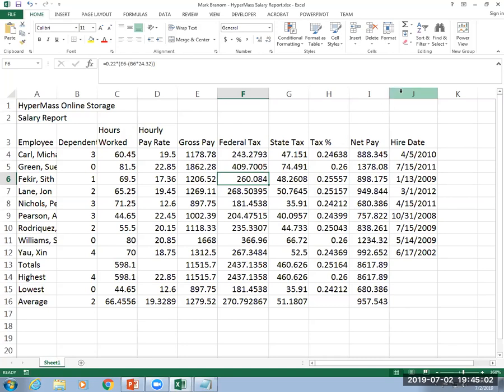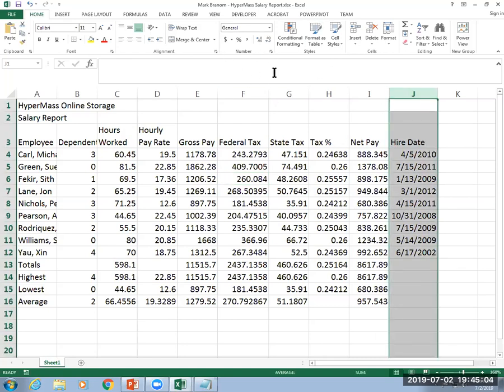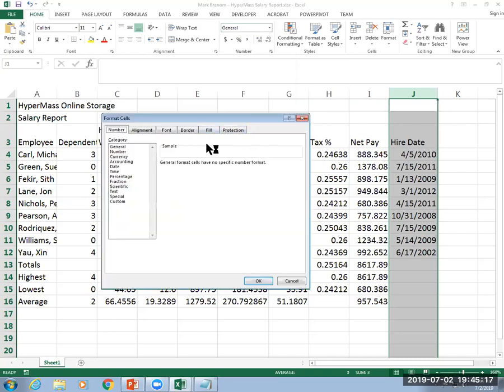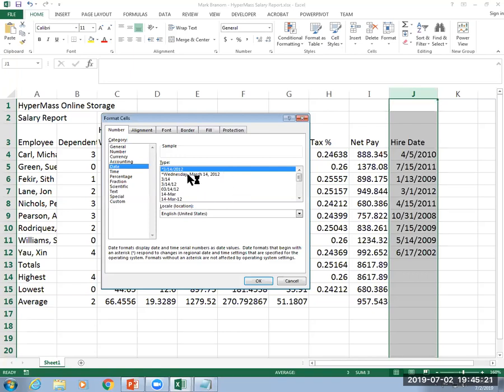And the way to change how a date looks, there are several ways, but in your number area, there's a little drop-down menu that allows you to choose short date, long date, time. If I click on more formats, I can go in and choose the specific style of date that I might want it to be, and so on.